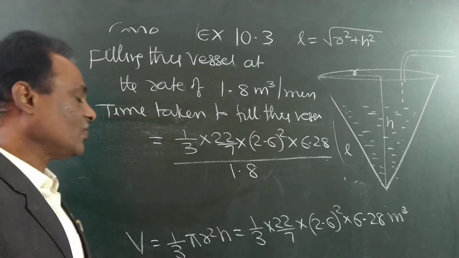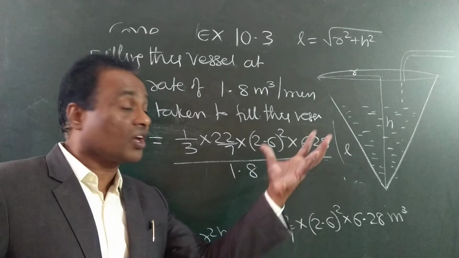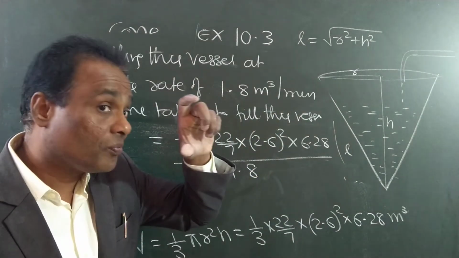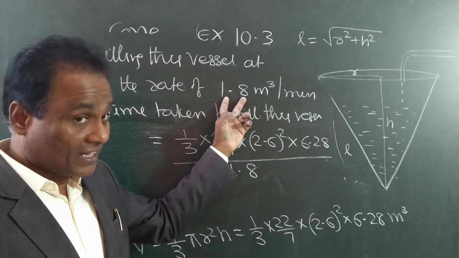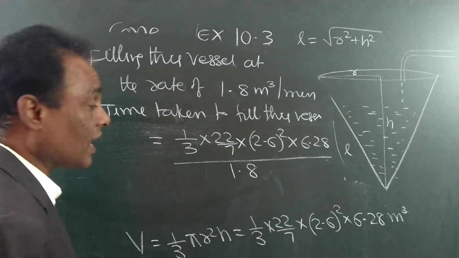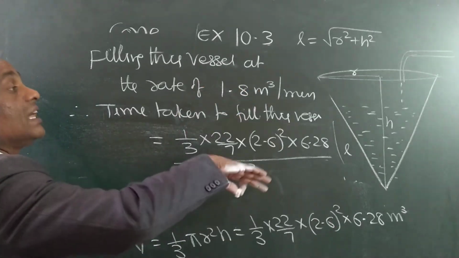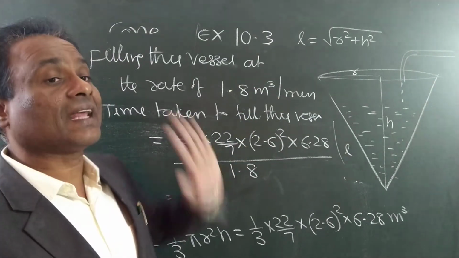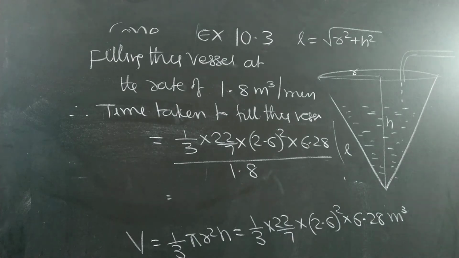So divide this volume, the total amount of water in the vessel, by this 1.8 per minute water. Then we will get how many minutes it will take to fill the tank, the conical vessel.